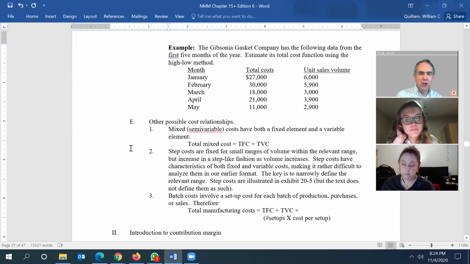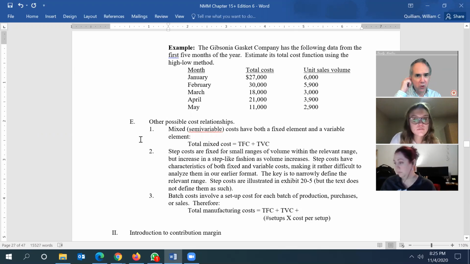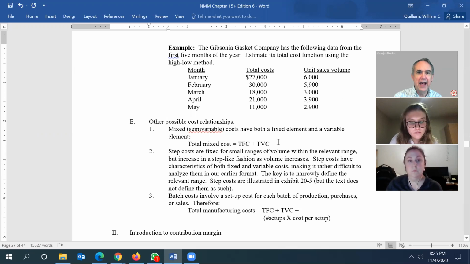Now, for just a few moments, let me relax the idea that everything is either a fixed cost or a variable cost. So let's have some other possible cost relationships. Well, first of all, a mixed or semi-variable cost has both a fixed element and a variable element. So what we have for a mixed cost is the total mixed cost equals total fixed cost plus total variable cost.